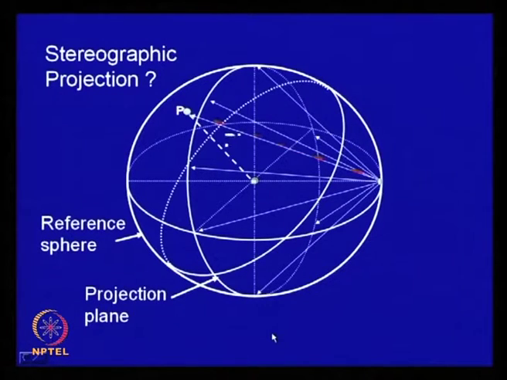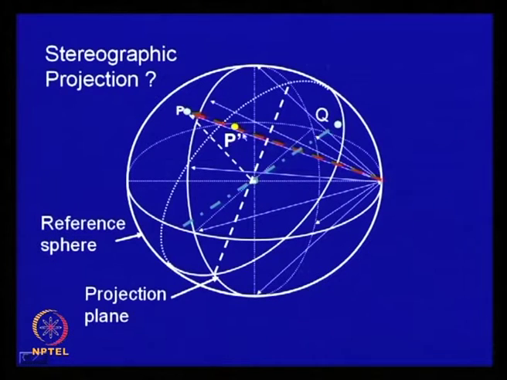This is where it intersects the projection plane. We call this the stereographic projection of point P. And this plane also intersects the projection plane at these 2 points, and later on we will see that the trace of this great circle will also be projected on the projection plane as a great circle.